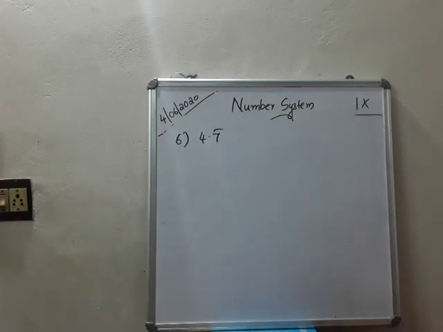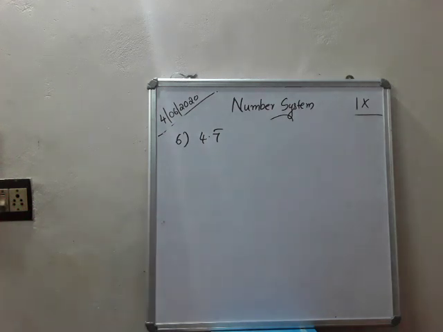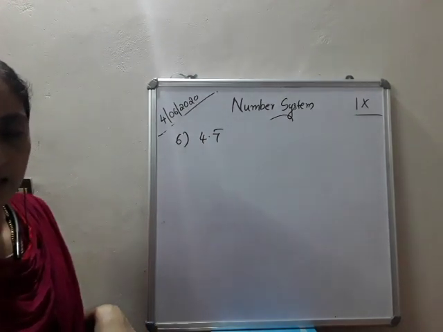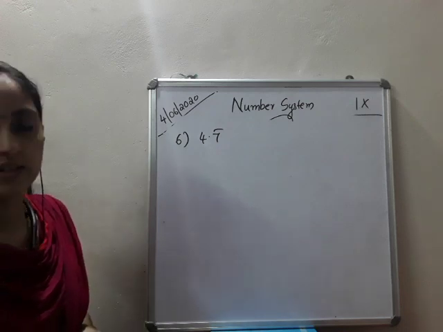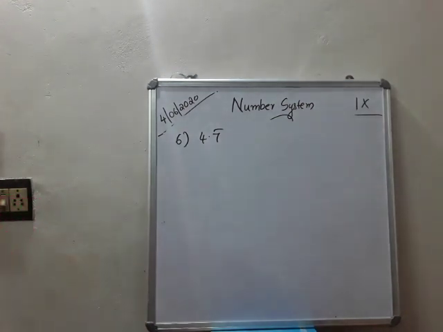Next question you have to do by yourself. 4.7 bar. So please do by yourself. That x is equal to 4.7 bar, that is x equal to 4.777 etc. Then how many numbers are repeating? Only one number.